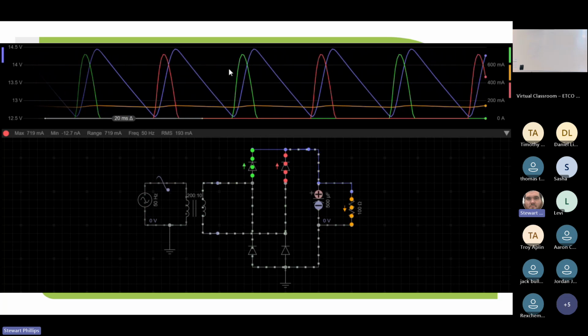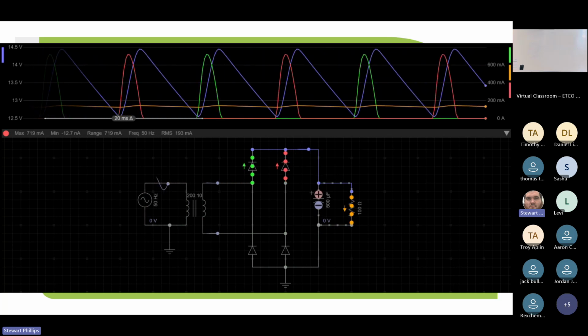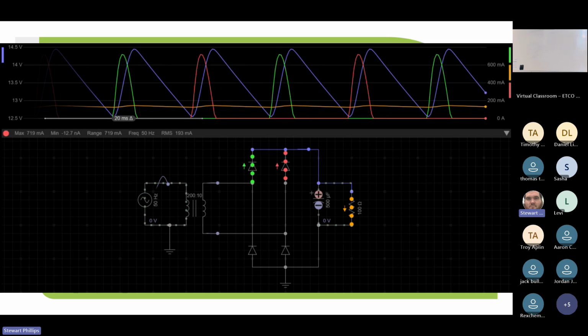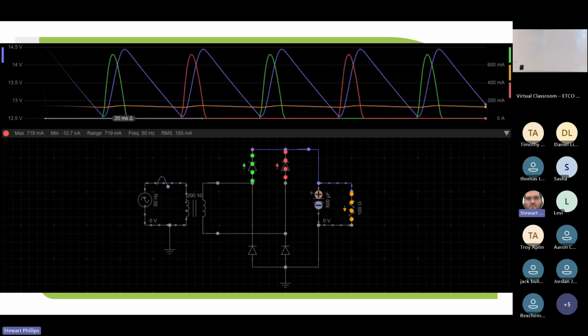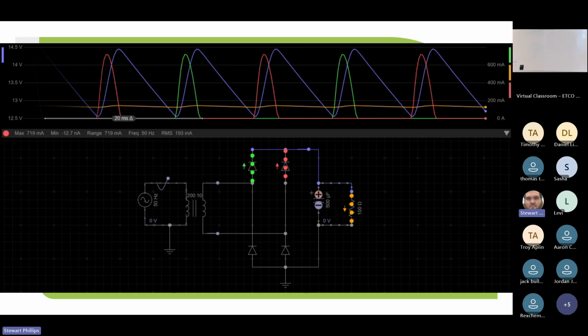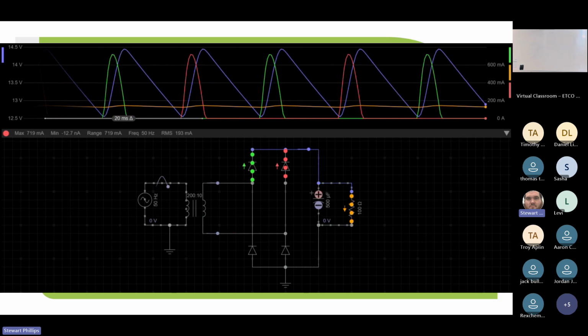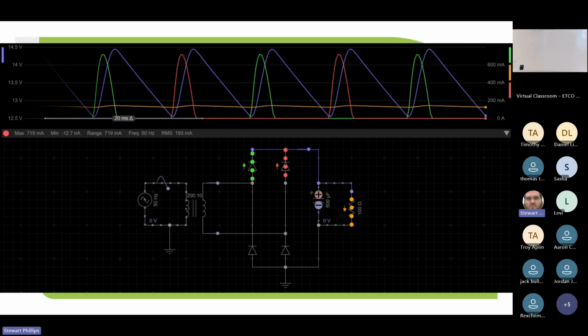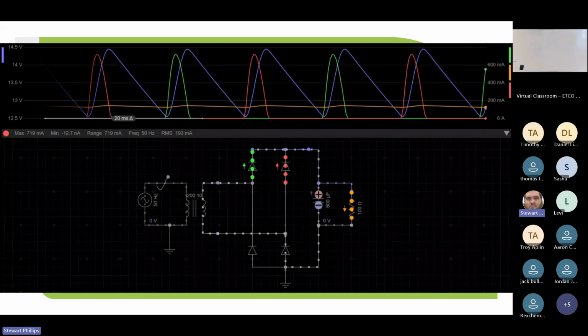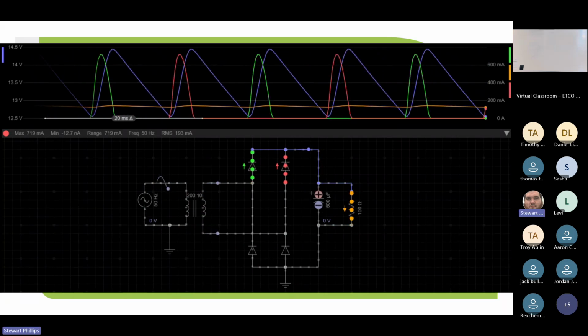We are getting a somewhat smooth DC current through our resistor. But you can see the spikes in the blue cable, going up and then down before it gets to the capacitor. And the red and green waveforms are the AC going through our diodes.